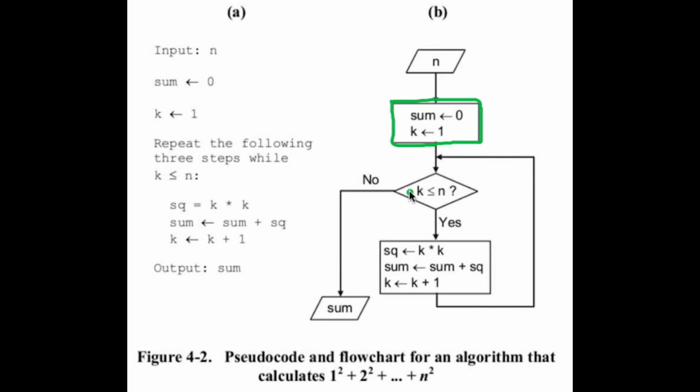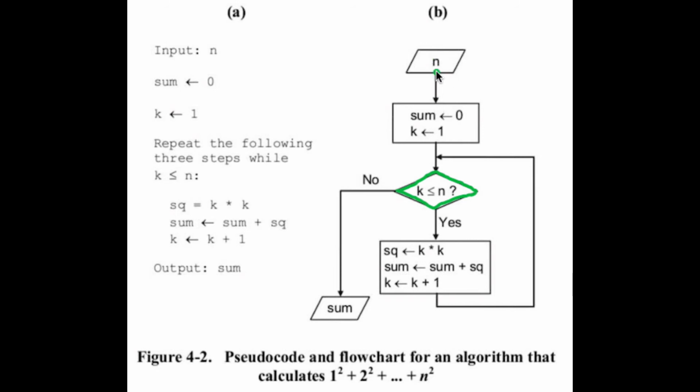And then the diamonds are used to indicate a decision point. So there's some sort of conditional statement here, which evaluates to true or false. If it's true, you follow the arrow this way. If it's false, you go that way, okay? And the arrows are just used to indicate the flow of control through the algorithm.